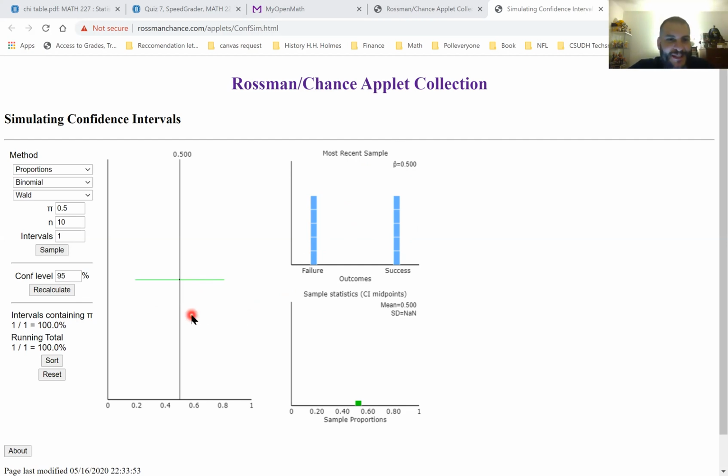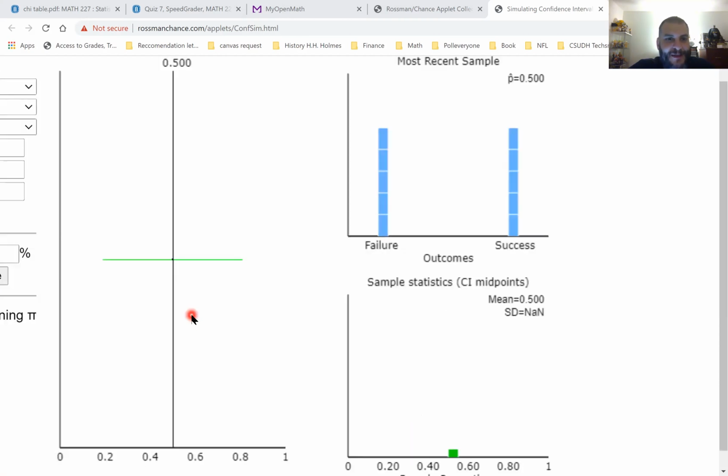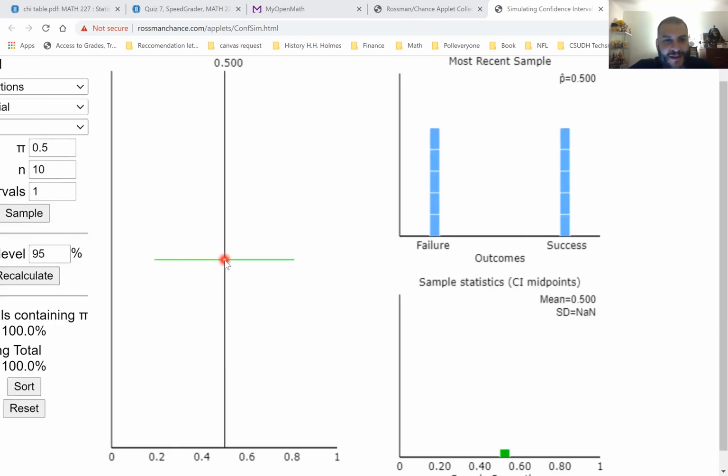I'm gonna click on this green line. It's telling me it could be anywhere from 0.190 all the way to 0.810. So it gave me this confidence interval.